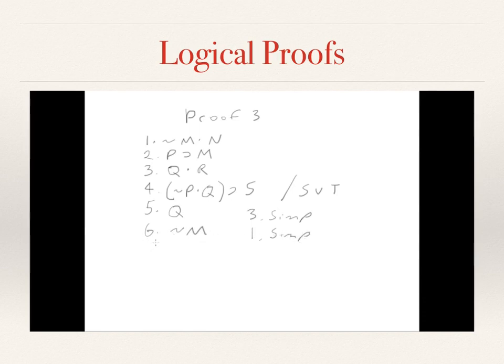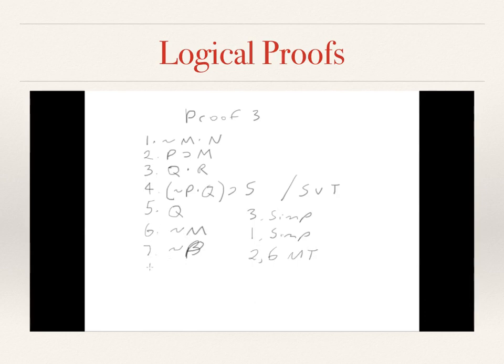And now we can end up with not P through modus tollens, 2 and 6 modus tollens.